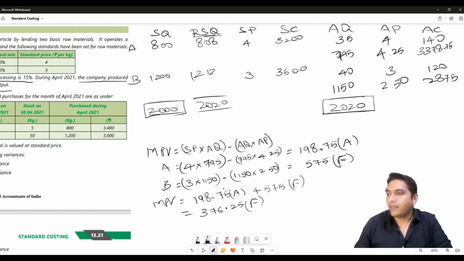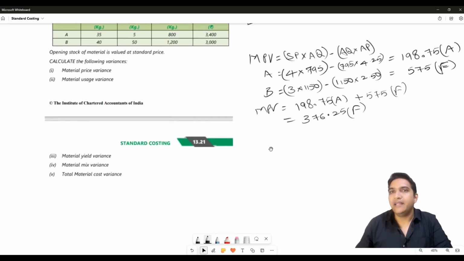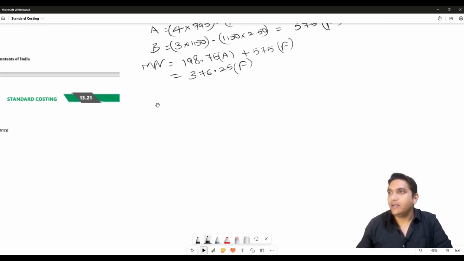Now moving on. Let us compute the second requirement, which is material usage variance. What is the formula for material usage variance? Standard quantity times standard price minus standard price into actual quantity.